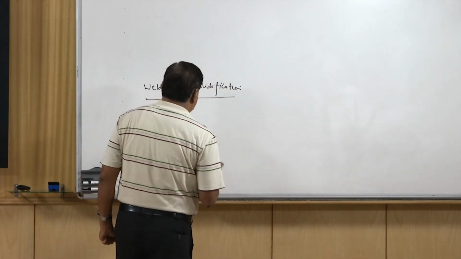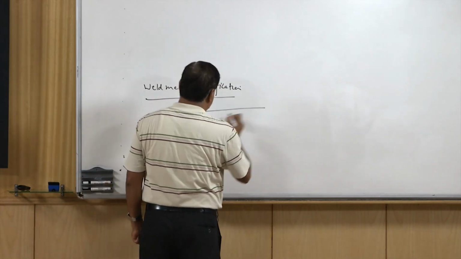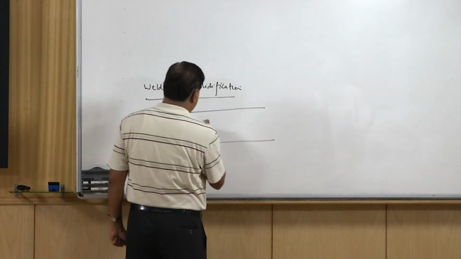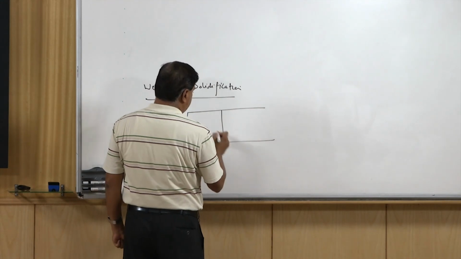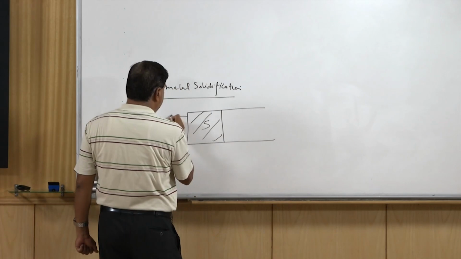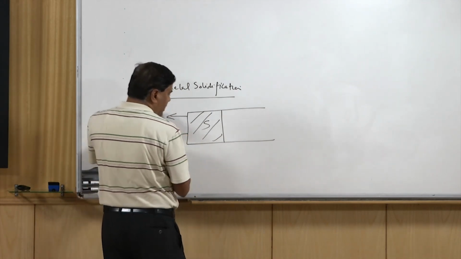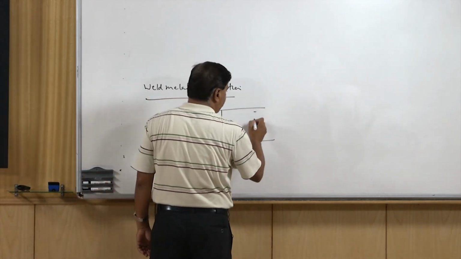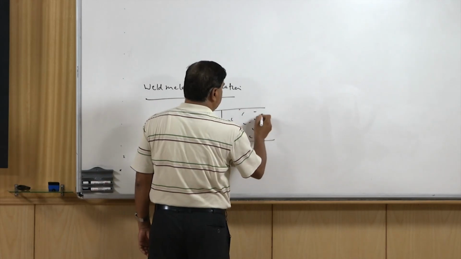aspect. So, to understand this, we need to see a typical case where this is the portion which has already solidified, solid state, heat is being extracted in this direction, and this is the liquid metal which is yet to solidify.